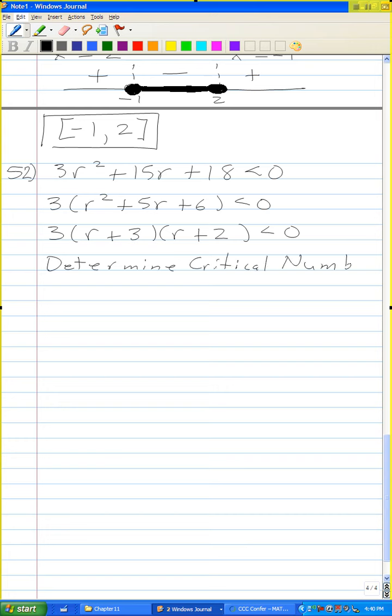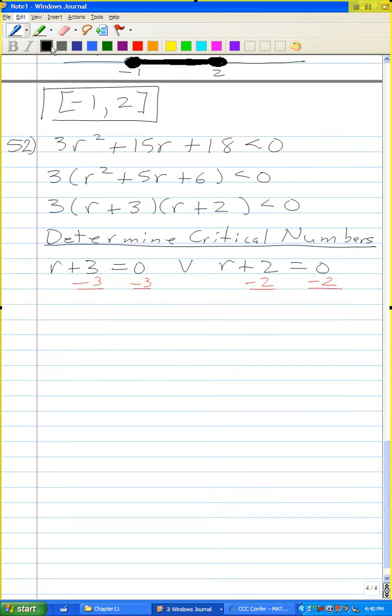Now let's determine my critical numbers. Set each factor to 0. r plus 3 equal to 0. r plus 2 equal to 0. Subtract 3. Subtract 2 from both sides of my equation. So r equals -3. r equals -2.